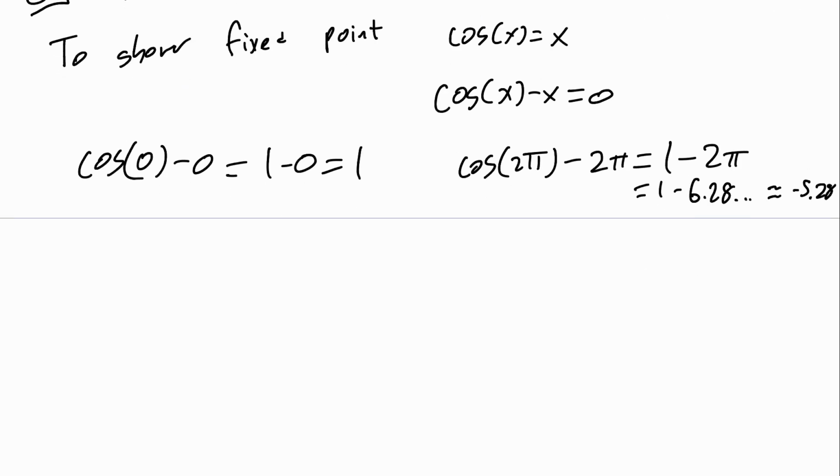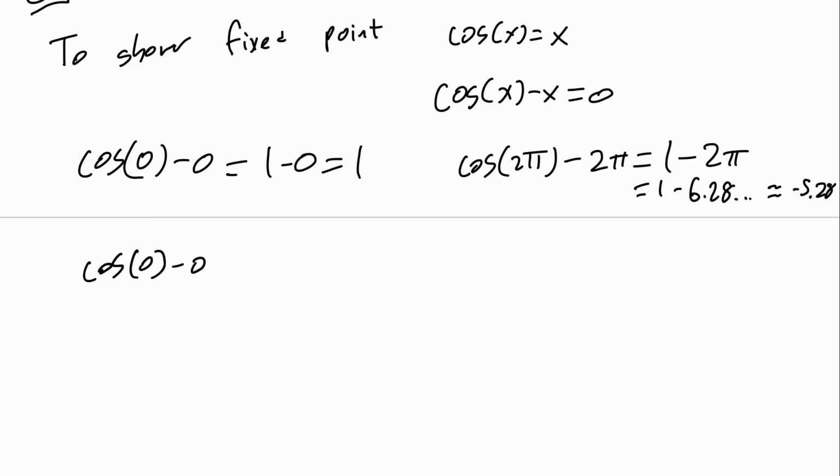And so at 0, cosine of 0 minus 0 is bigger than 0. The output is 1. It's positive. But cosine of 2 pi minus 2 pi is less than 0.